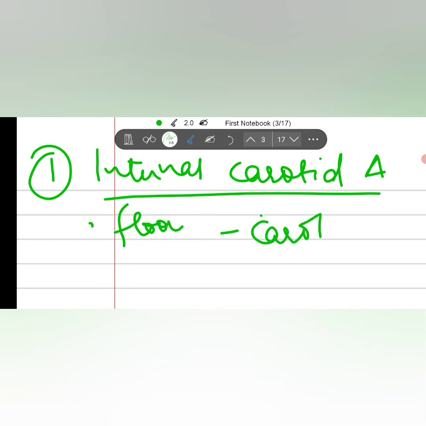The internal carotid is a branch of the common carotid.